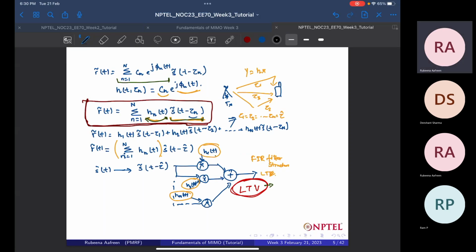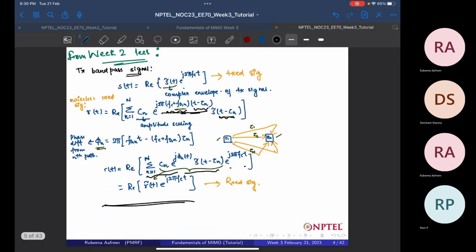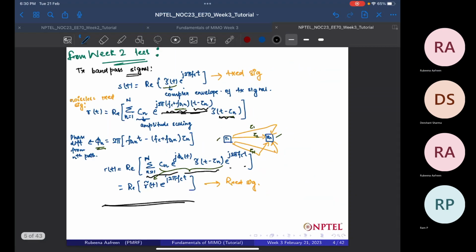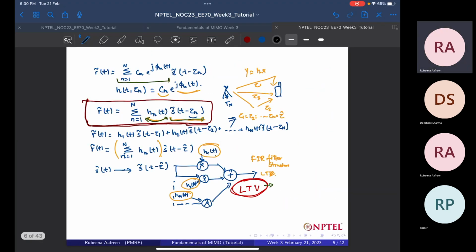From here, this r tilde t we can write as the summation of n equal to 1 to N of c n e to the power j phi n into s tilde of t minus tau n.